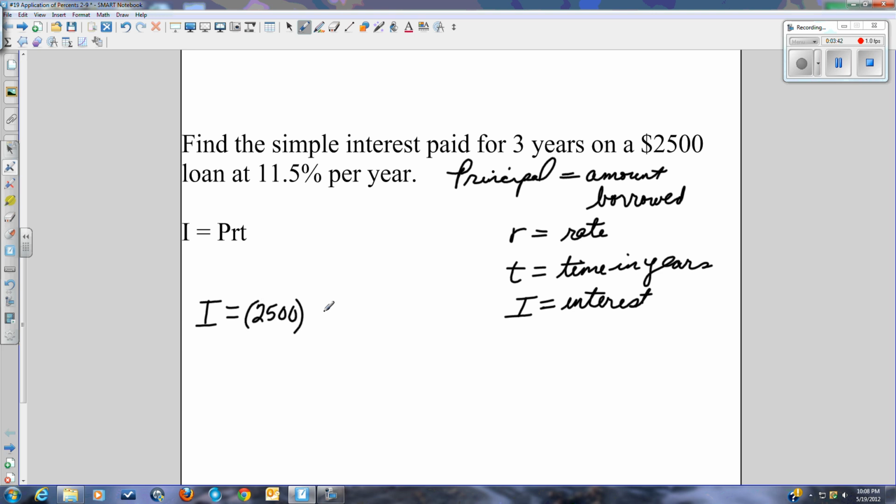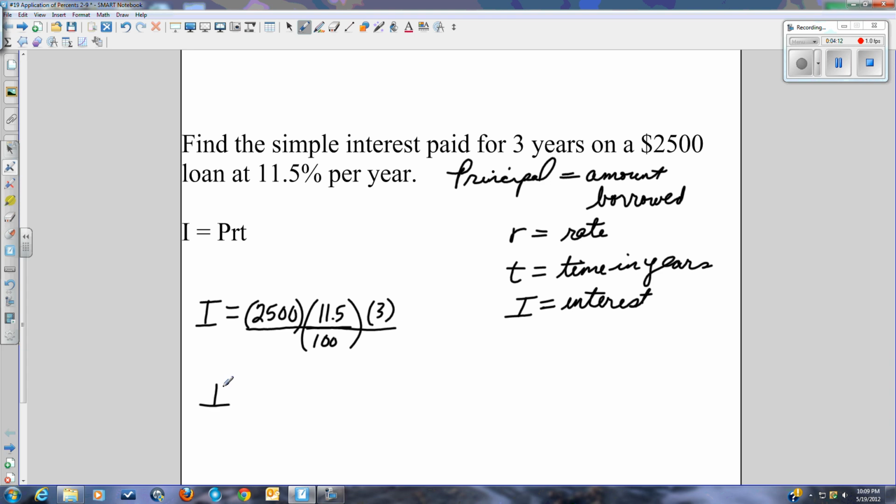Your rate is 11.5%, so we're going to write that as 11.5 over 100. And the time is 3 years. Now what I'm going to do is extend this fraction bar through the whole problem. So what we're going to do is multiply right across, where we're going to say 2,500 times 11.5 times 3.